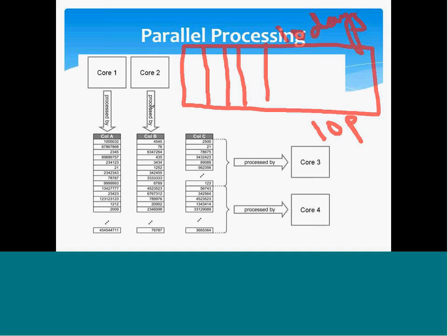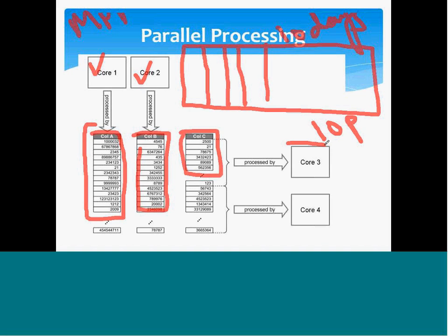As I said, we store data in a columnar fashion, and this is a multi-core architecture. So we can do MPP, massive parallel processing per column. Column A can be taken care of by core 1, column B by core 2, and column C by core 3 and core 4, right?